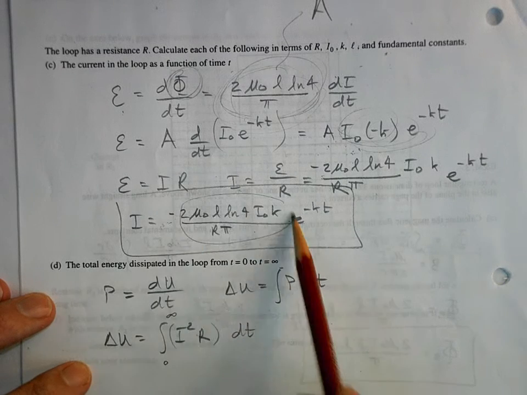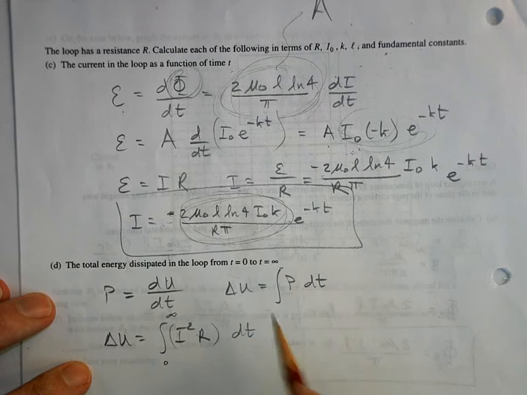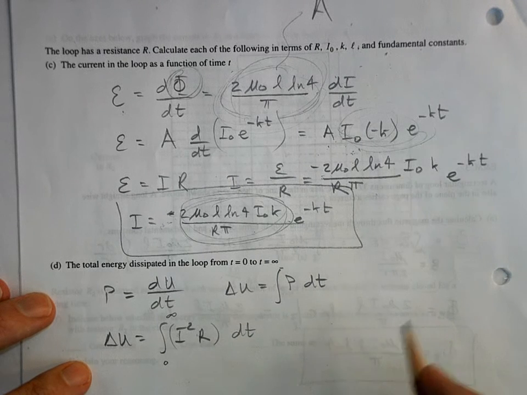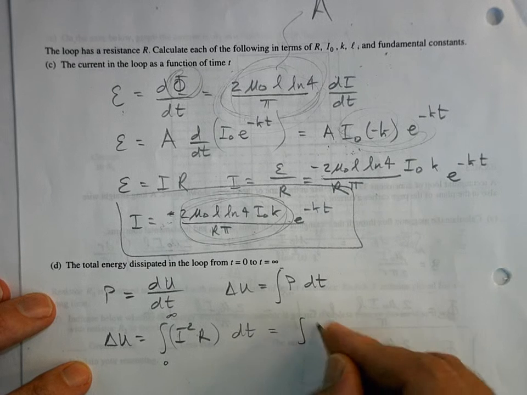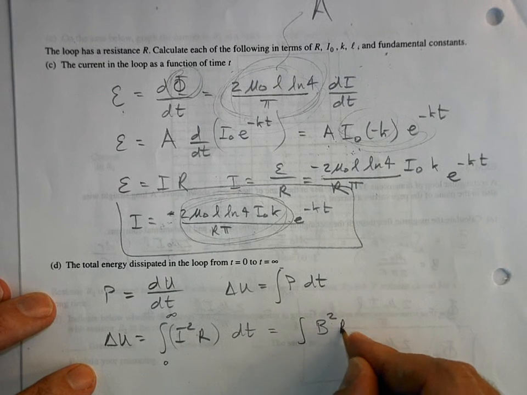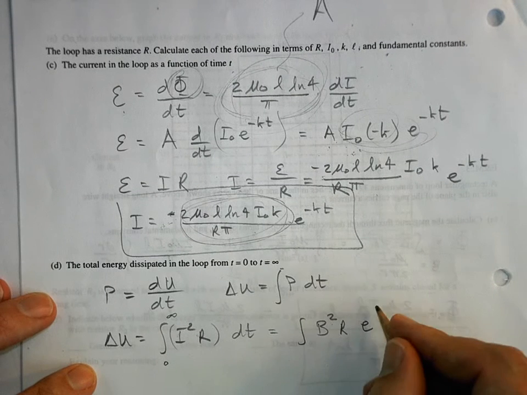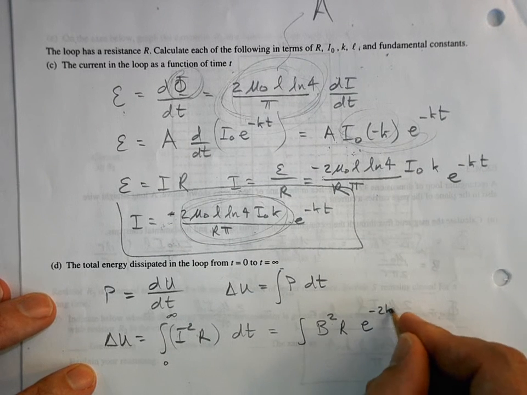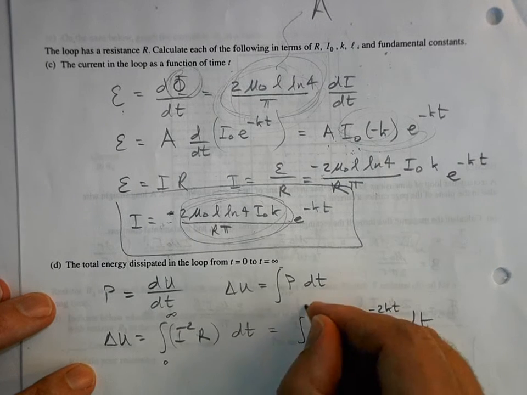Now I'm going to call all this stuff here B. So it's going to be B squared R, and then you have to square this, e to the negative 2 kt dt from 0 to infinity.